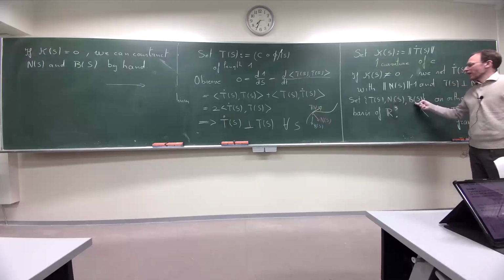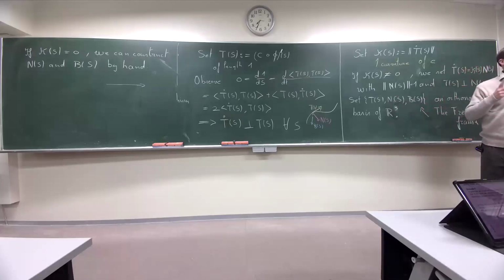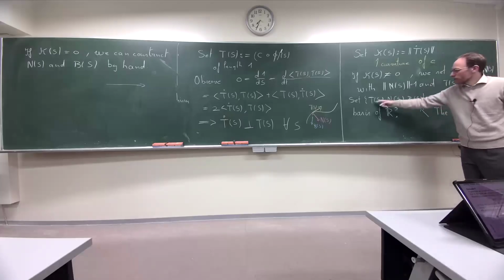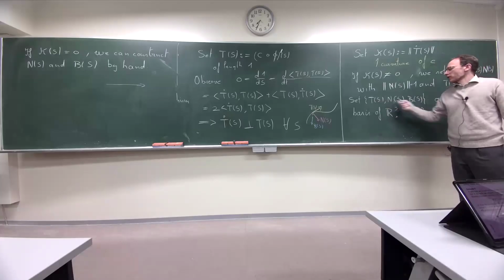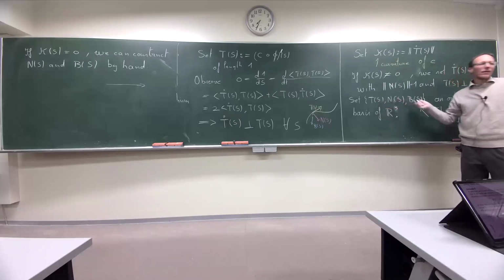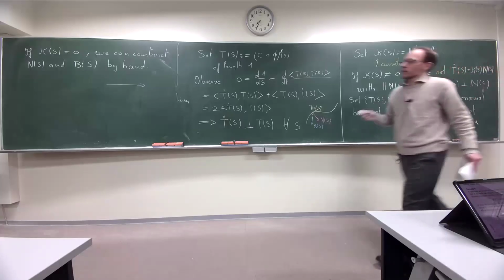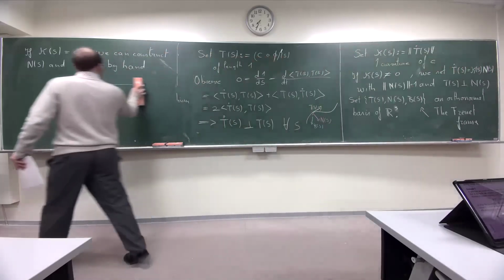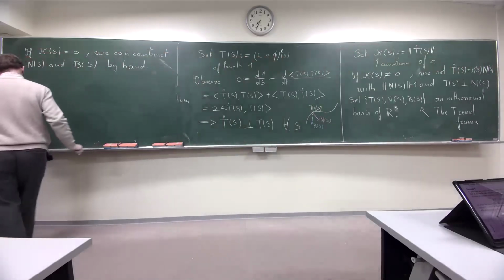Now, we have three vectors depending on S. So we can take their derivatives, and since they are vectors, their derivatives can also be expressed in terms of these three vectors. And this is called the Frenet-Serret formula.